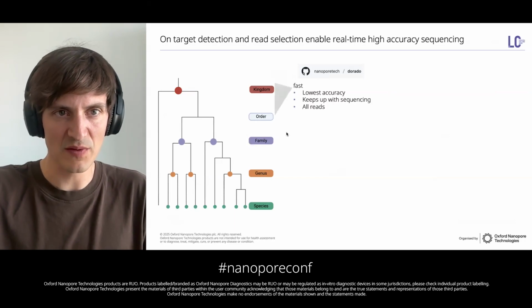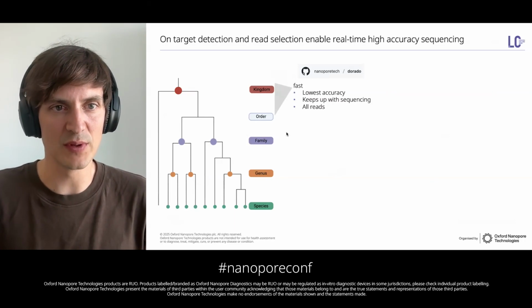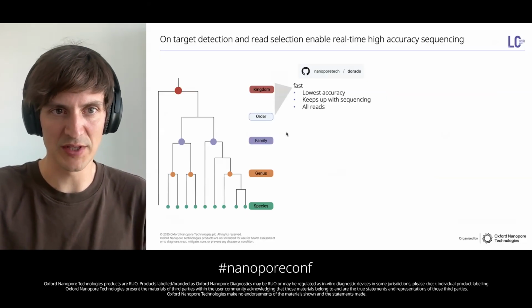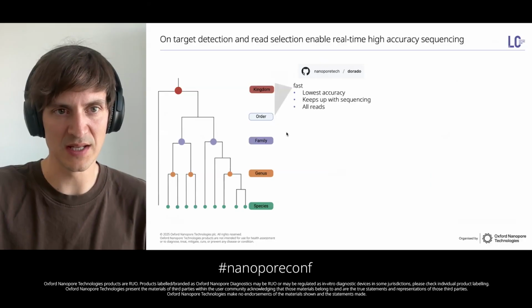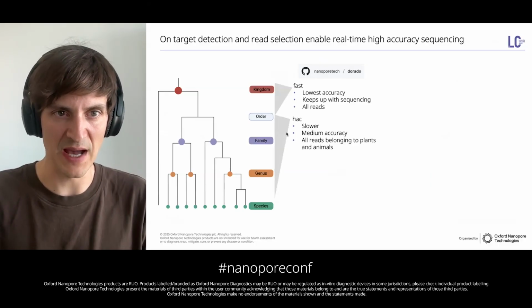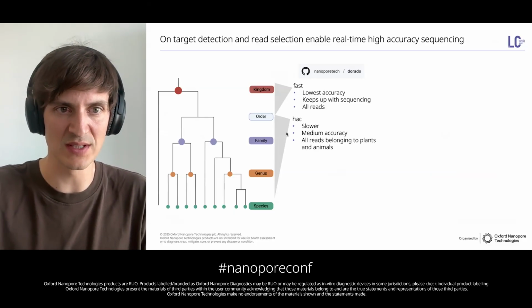First, we used fast base calling on all of the reads. Based on that, we selected only the reads that were on target, so that were not bacterial, etc. All of these reads we base called again with the high accuracy base calling, which is a bit slower but has higher accuracy as the name suggests.